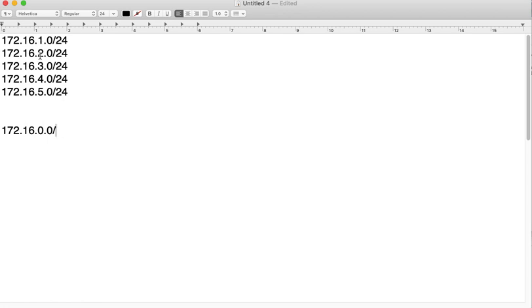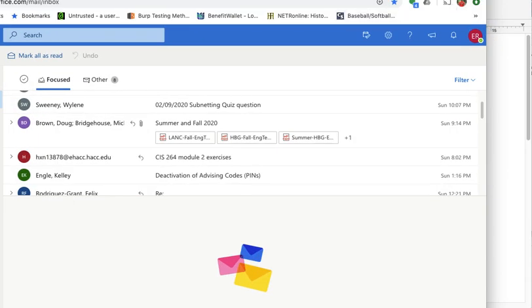In this case, we have 5 networks, so obviously the block size needs to be the same as the number of networks we have, or possibly bigger. So in this case, we will have the block size be 8, and for 8 in the third octet, why don't I go to the site and look at the chart so we can talk about that.